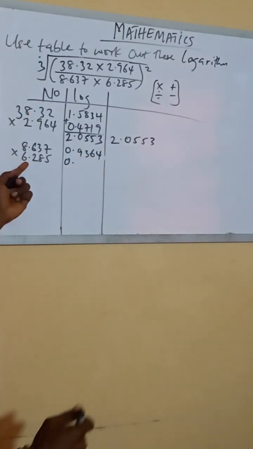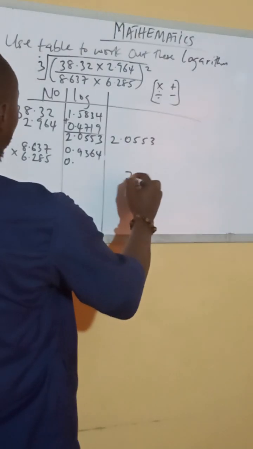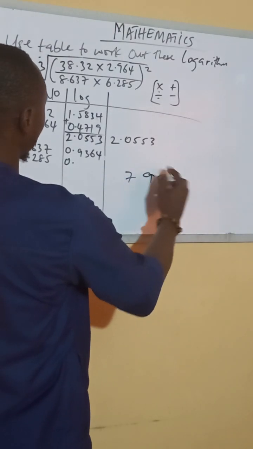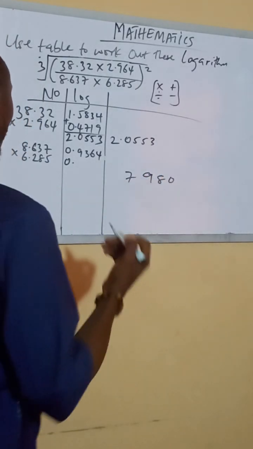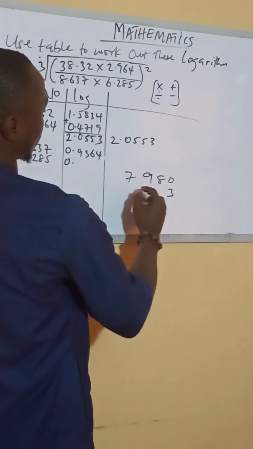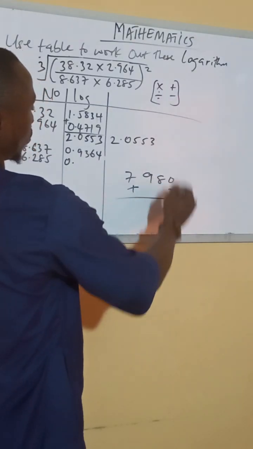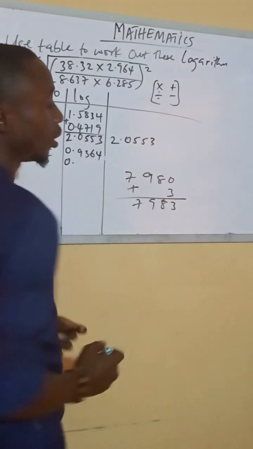Now look for the next one, log 62 under 8. Log 62 under 8 will give us 7980. Difference of 5 will give us 3. Please, let's take note.